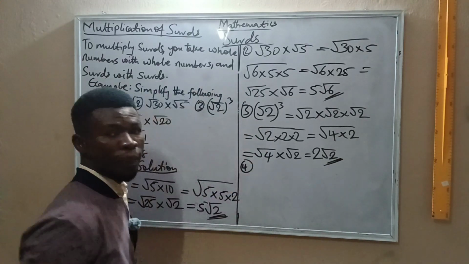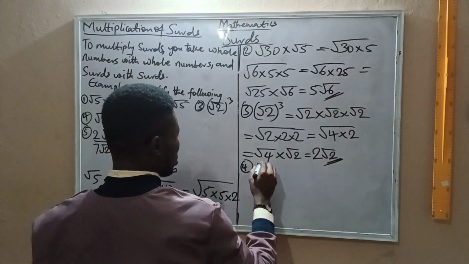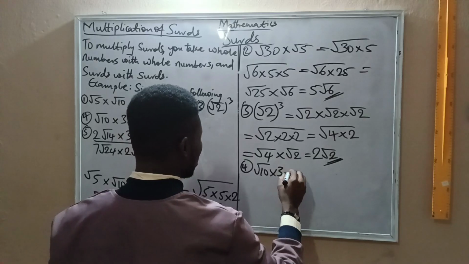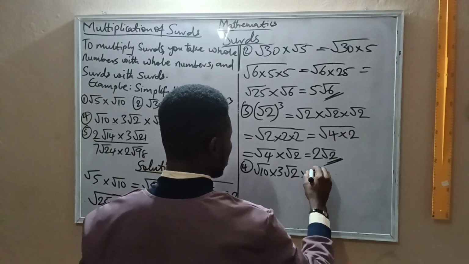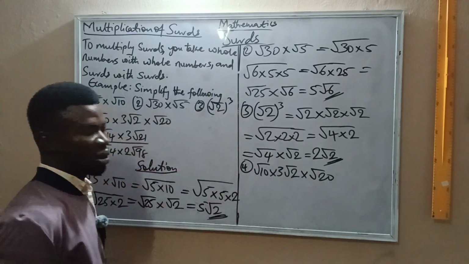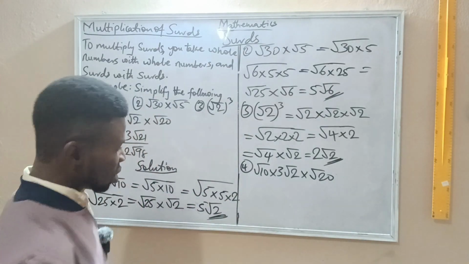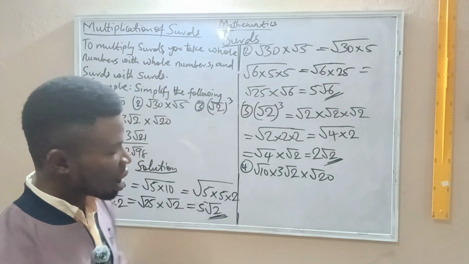Number 4, we have surd 10 multiplied by 3 surd 2 multiplied by surd 20. Okay, now remember that it says multiply whole numbers with whole numbers and surds with surds, but here we only have one whole number, the others are surds.